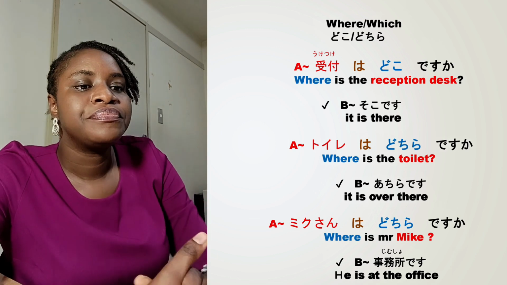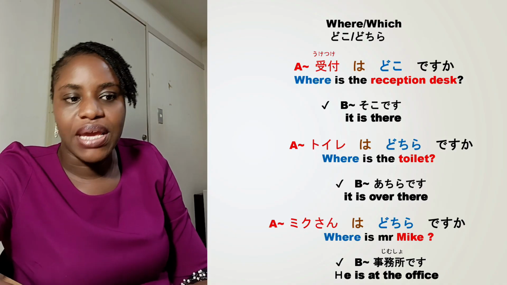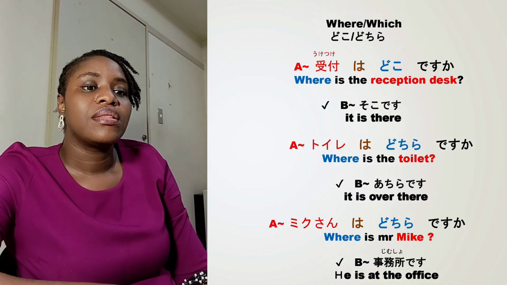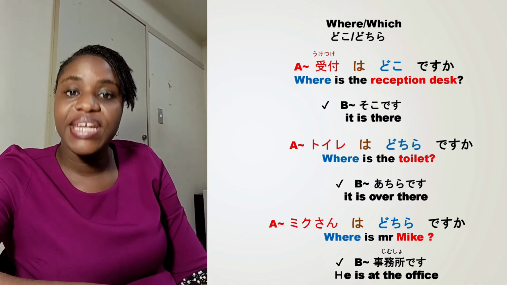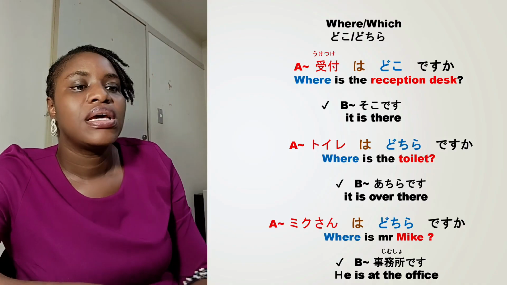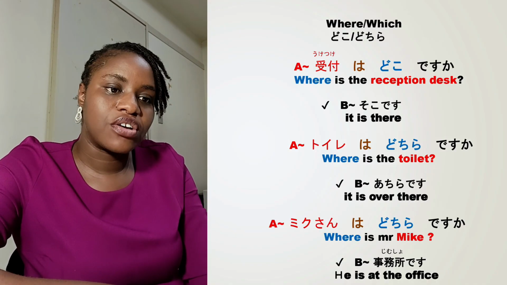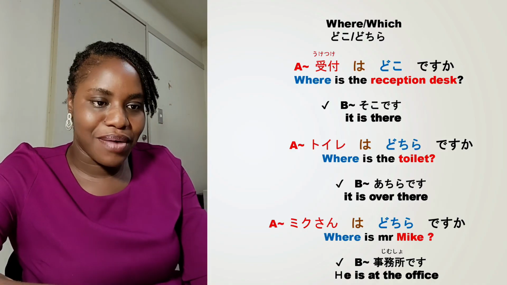So for this one, Mike-san wa dochira desu ka? Where is Mr. Mike? I can just say jimusho desu. However, the one that is most acceptable is to say jimusho ni imasu. He is in the office, or he's at the office.